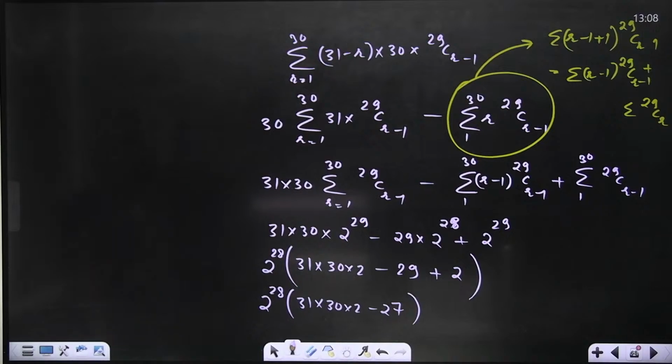But how will 2 come? Two should come out common here. Why is 2 not coming out common from here? I hope we didn't make any mistake with the 2 to the power n. Okay, this is correct. This is also n into 2 to the power n minus 1. This is also correct.